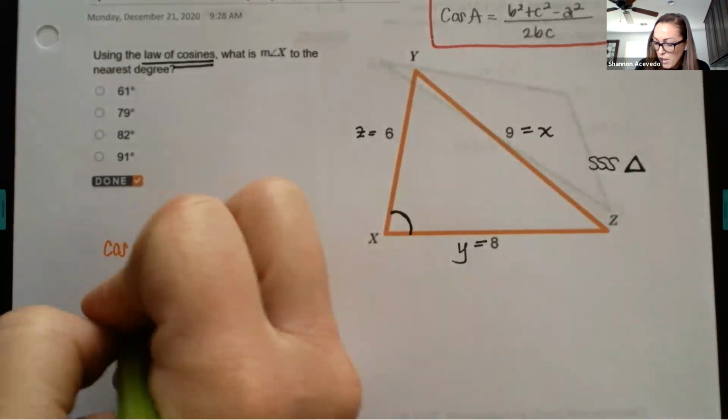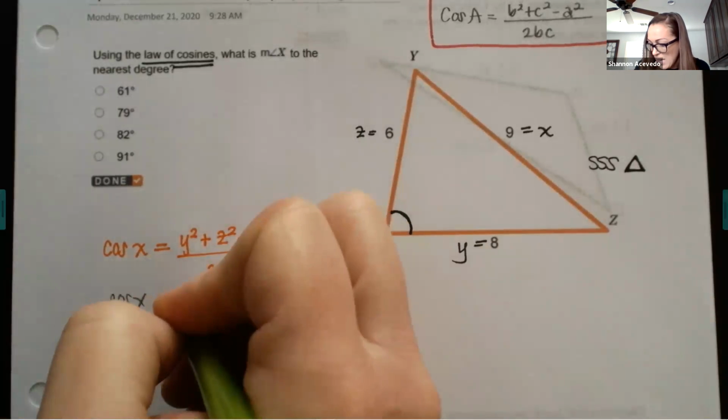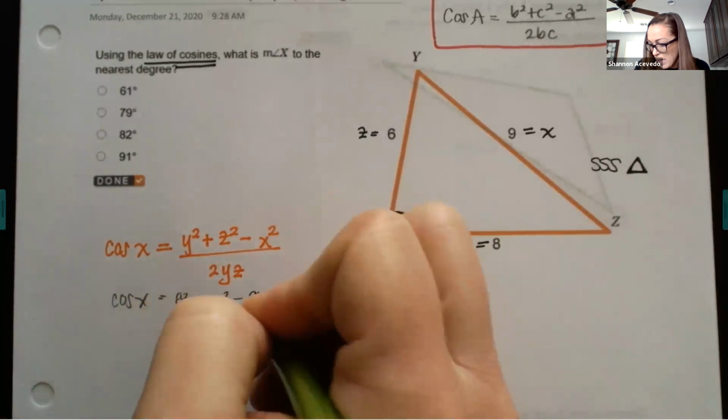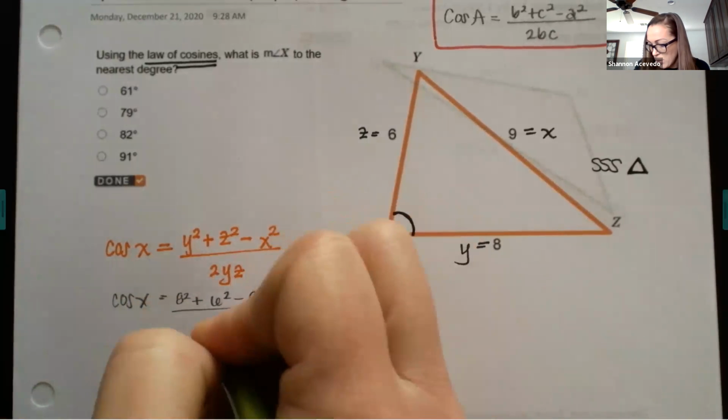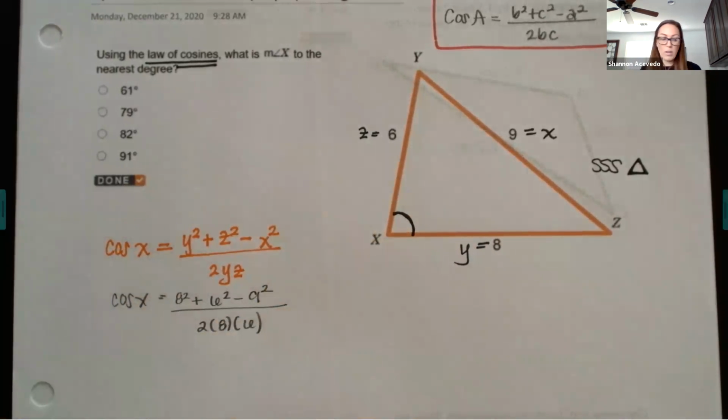So I have cosine of X is equal to, and my Y is 8, so it's 8 squared plus 6 squared minus 9 squared all over 2 times 8 times 6. And I would go to my wonderful calculator.